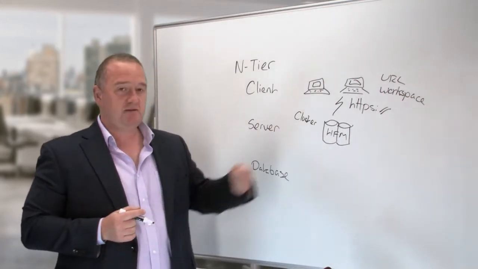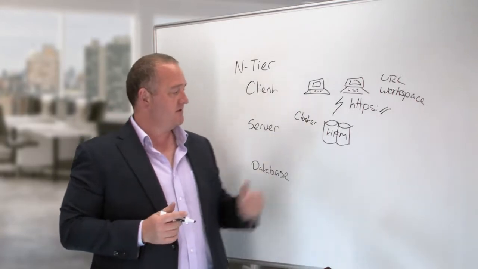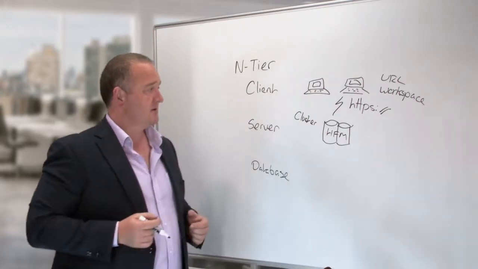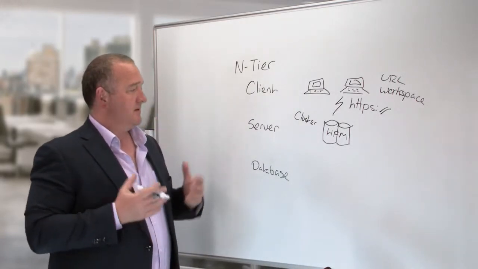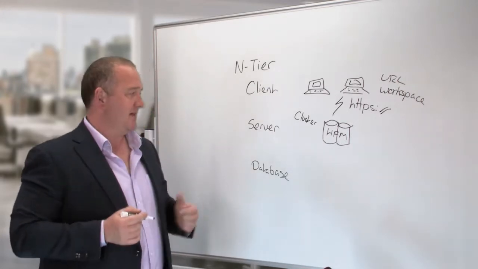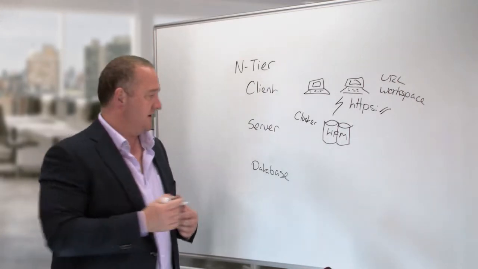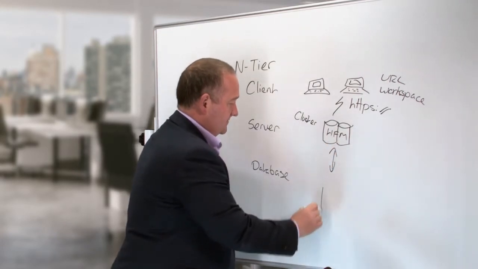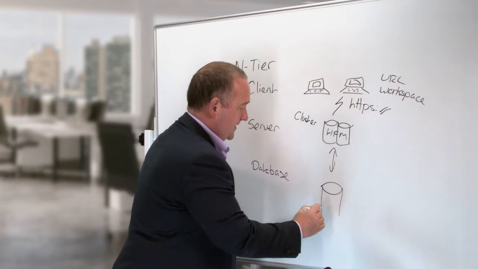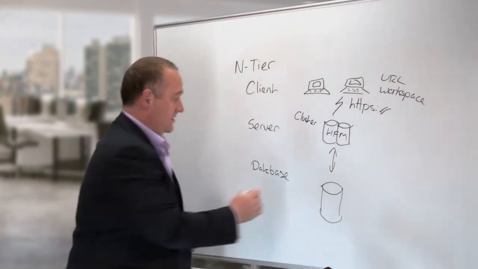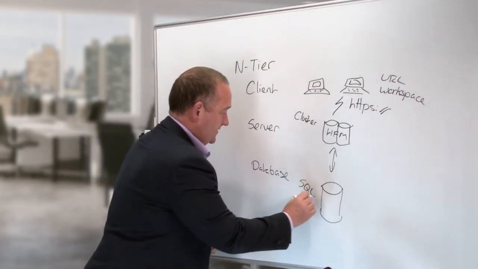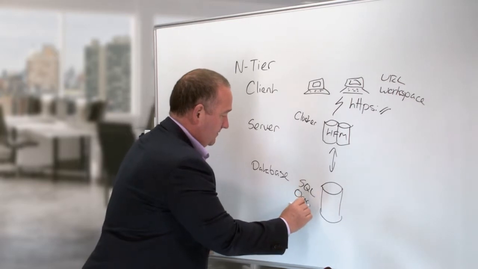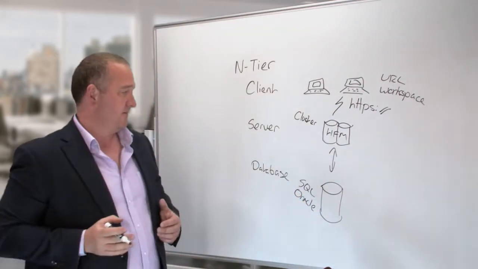It'll share the users out equally across the servers as people log on to the system. As people log on to the system, they'll set their point of view, they'll retrieve data, and that data gets retrieved from our relational database management system, which could be SQL, it could be Oracle, or even DB2.